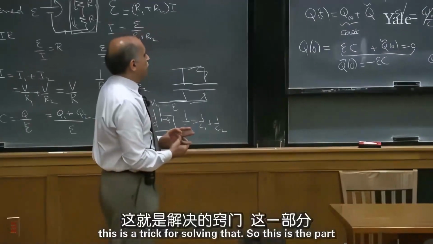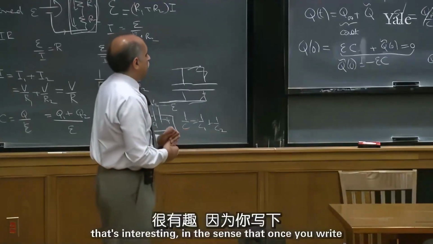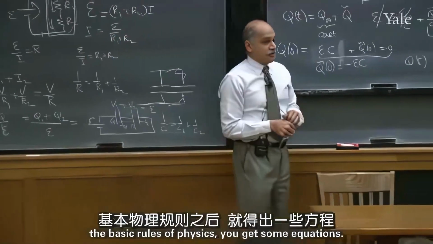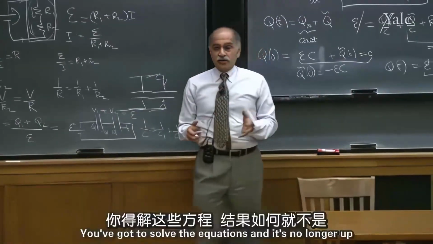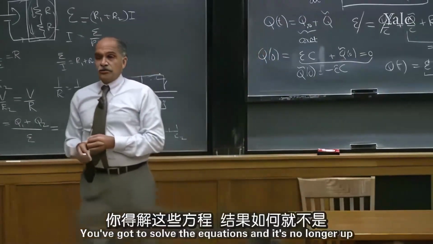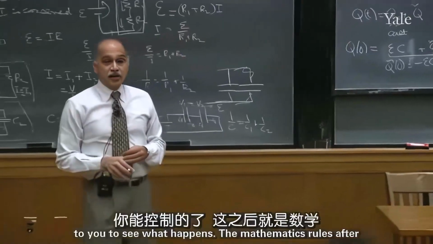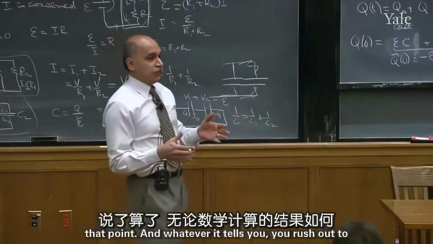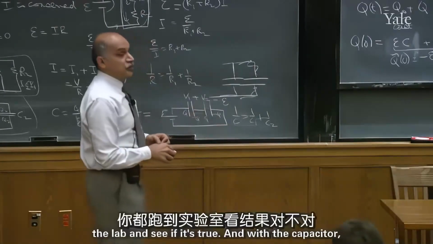This is the part that's interesting, in the sense that once you write the basic rules of physics, you get some equations. You've got to solve the equations, and it's no longer up to you to see what happens. The mathematics rules after that point. And whatever it tells you, you rush out to the lab and see if it's true.